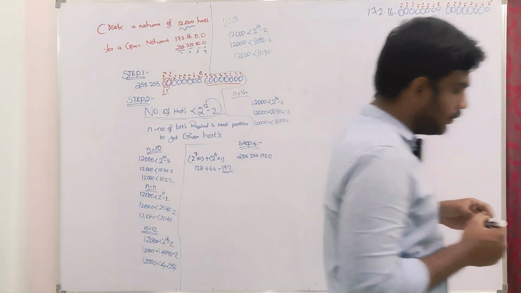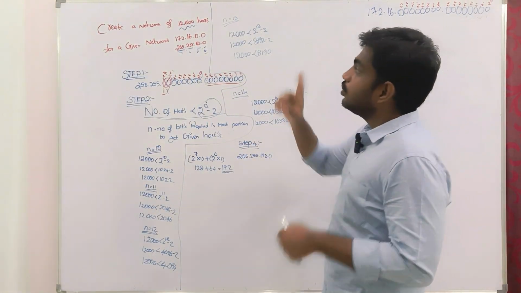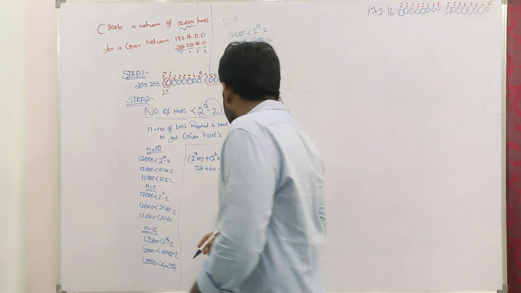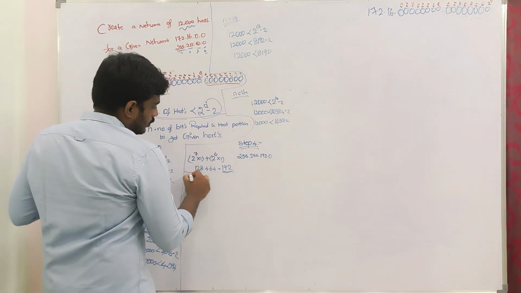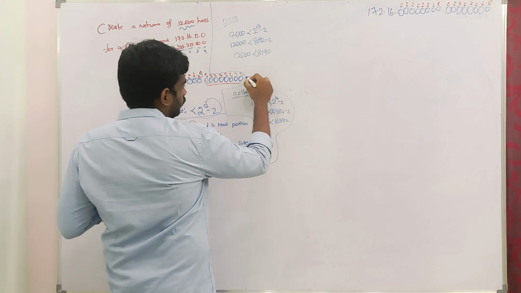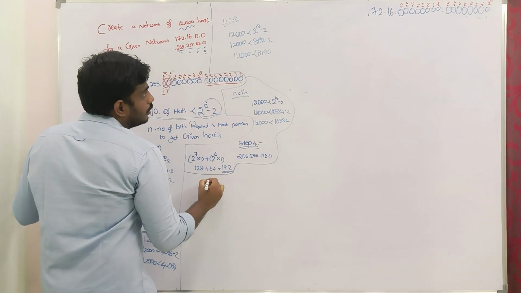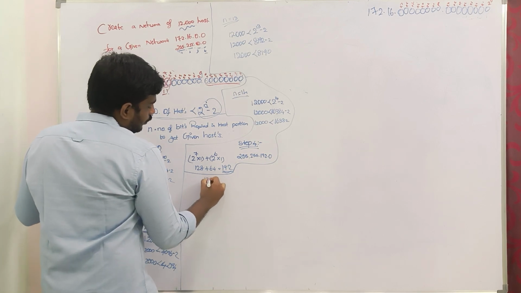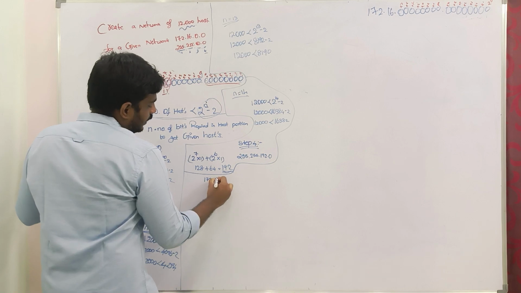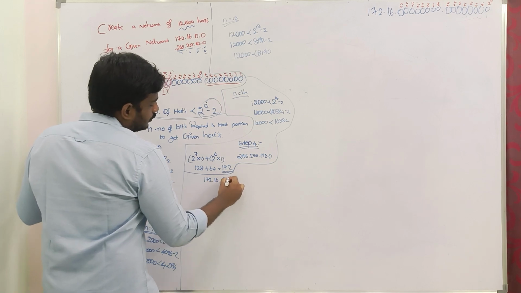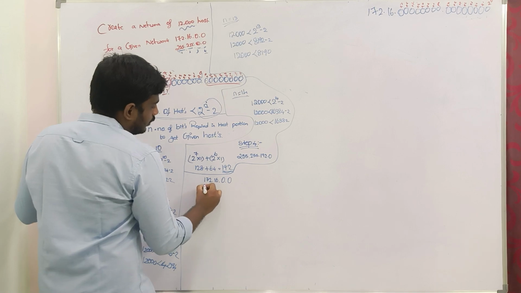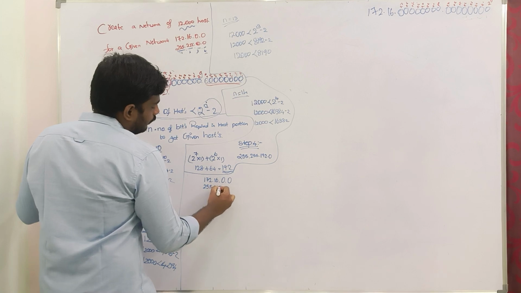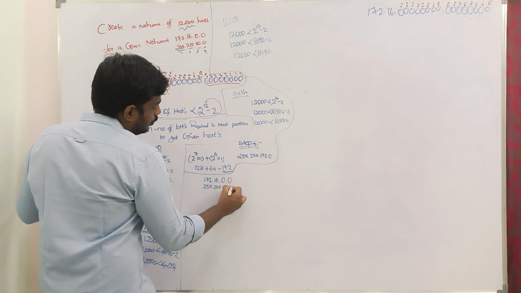This is our new subnet mask to acquire 12,000 hosts. Now, what is our network? 172.16.0.0, and the subnet mask will be 255.255.192.0.